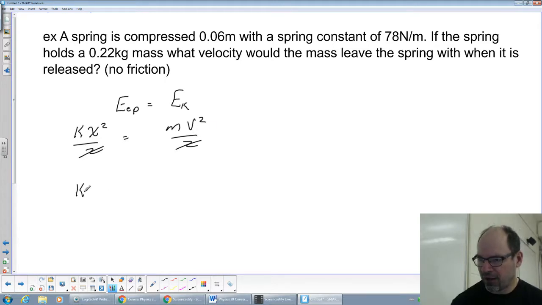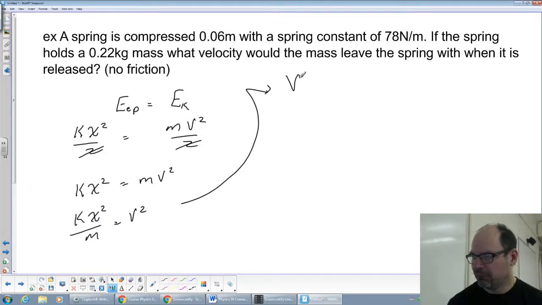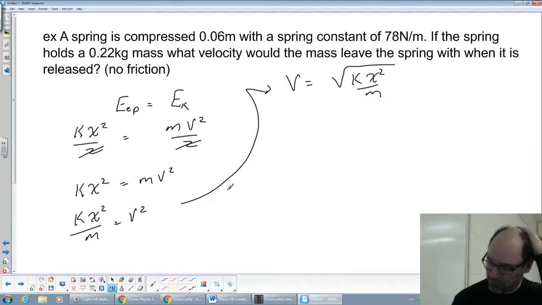So kx squared equals mv squared, and I'm going to divide by m. Kx squared divided by m equals v squared. Then I'm going to take the square root. Kx squared over m. Okay, and you don't have to do it that way.